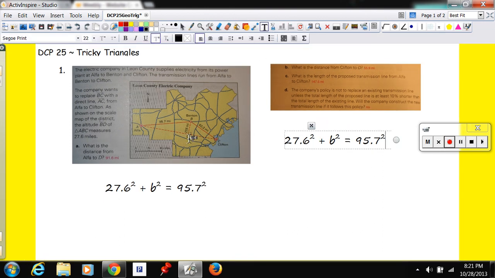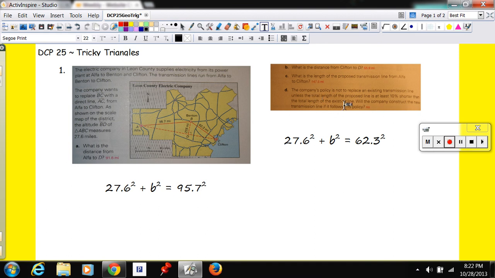You still have 27.6 squared, that's not going to change, but instead of the 95.7, you're going to do 62.3 squared. And then you'd solve, and that should give you the 55.9 for the second one. What is the length? Then you're going to add the two together, adding this length plus this length. That's going to give you the 147.